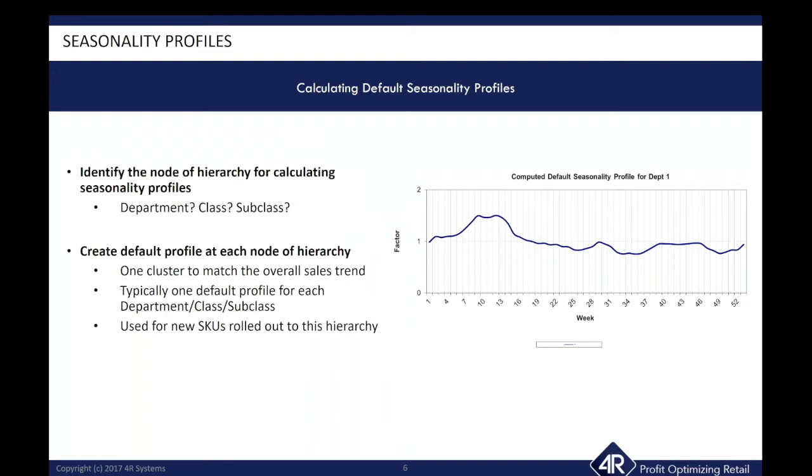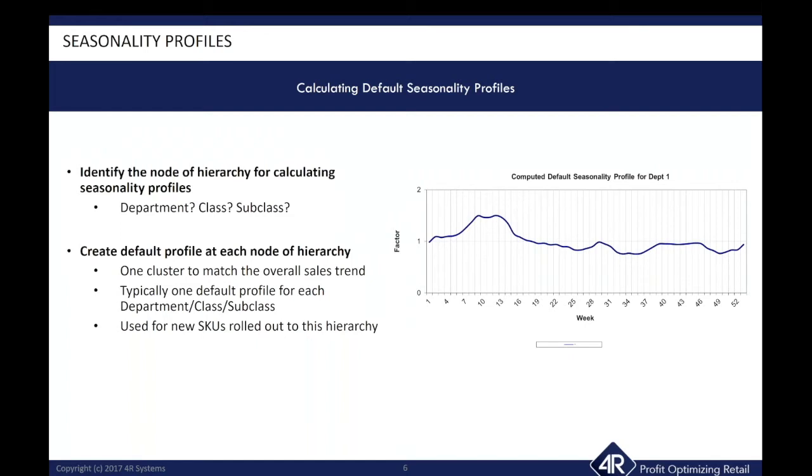In order to do this, we must first identify the node of hierarchy for calculating these seasonality profiles. Should it be completed at the department level, at the class level, at the subclass level? The level of the hierarchy is determined based on how similarly items sell within each level.